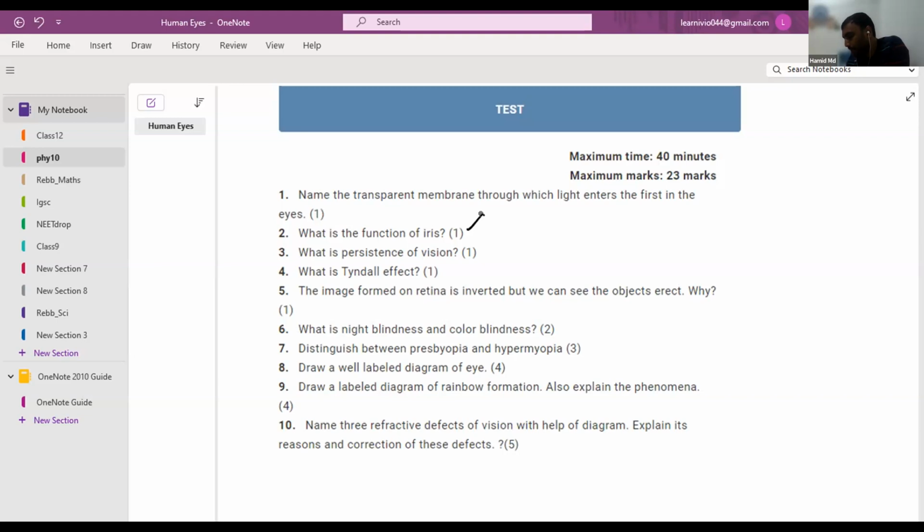That's the black part which allows the light to get inside the eyes. That's called the iris, right? Yes, sir. The amount of light that enters into our retina. Retina is a different thing. First, it will get inside the eyes. That's the iris. Iris will decide how much light should get inside the eye.